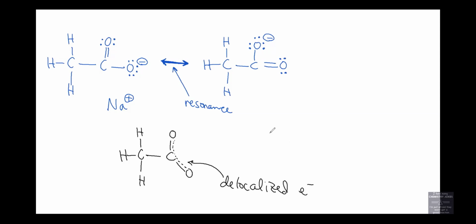In this resonance hybrid, nobody has a formal negative charge. There's a partial negative on that oxygen and a partial negative on that oxygen. A resonance hybrid is really a mathematical average of your two resonance contributors, in this case because these two resonance contributors contribute equally. We'll talk more about that.